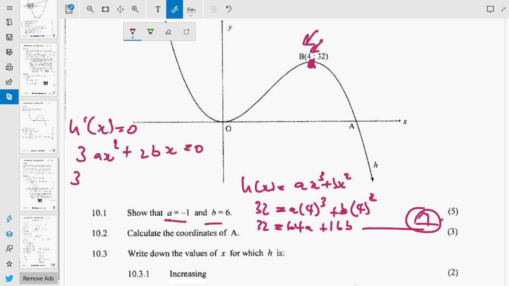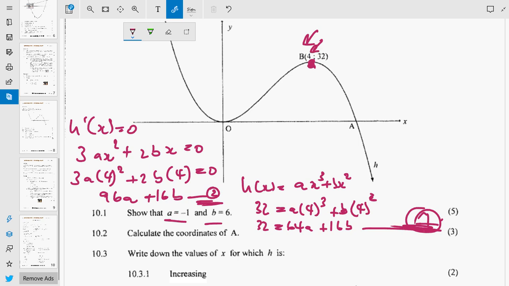So 3a times 4 squared plus 2b times 4 is equal to 0. And there you're going to have 96a plus 16b equals 0. Now you have equation 1 and equation 2. You simply have to solve them simultaneously, and you're going to find these two values of a and b.